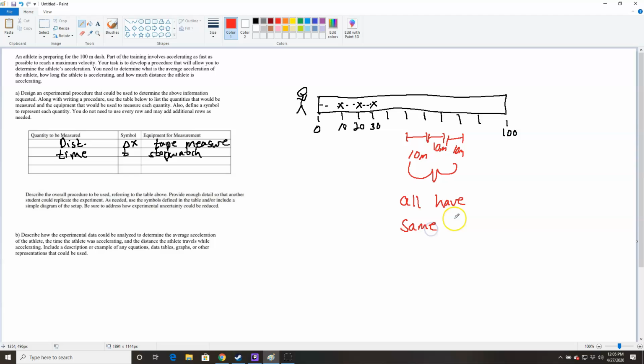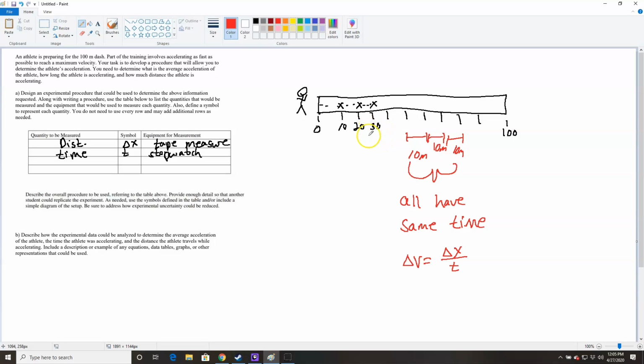Because if the time to travel 10 meters becomes the same for 10-meter increments, that means I've achieved a constant velocity. The velocity would be delta x over t, 10 meters over that same period of time. So if the velocity is constant, that indicates you're not accelerating anymore.